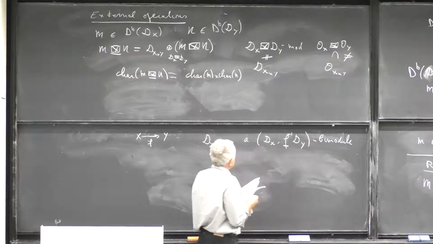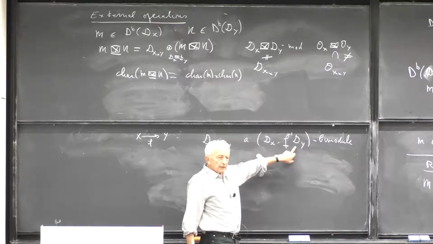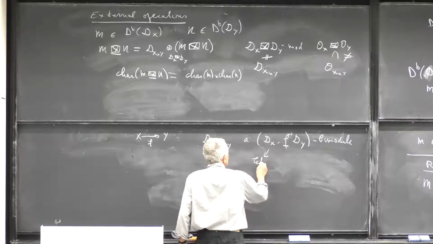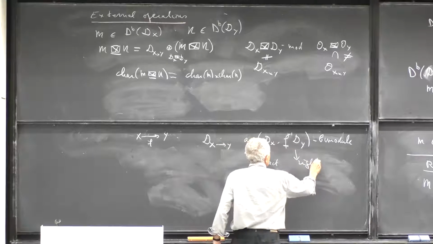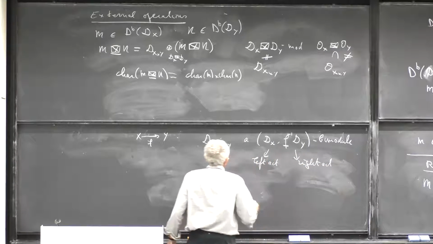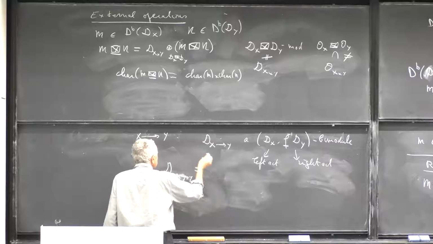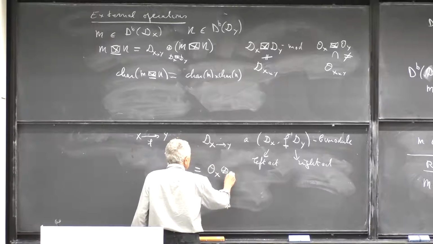So it means it's a D_X module on the left and f minus 1 D_Y on the right, left action, right action. So what is D_{X to Y}? As a sheaf, so here it's easy.